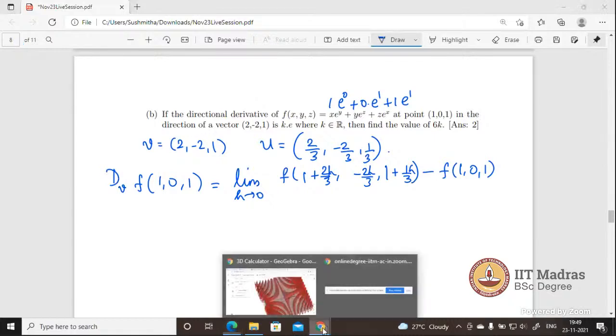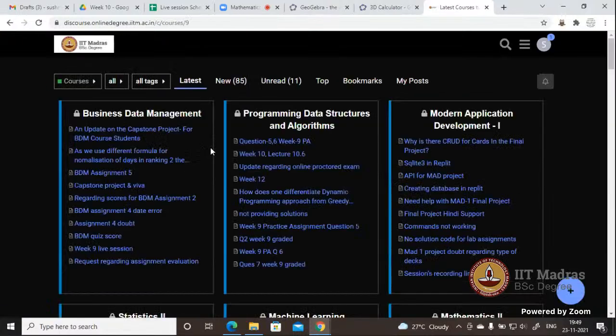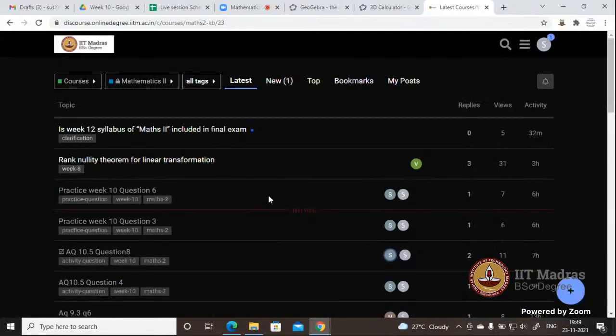Well, let me open that post, because I don't think I'll do it right. Do you remember which activity question this is? This is 10.3, right?